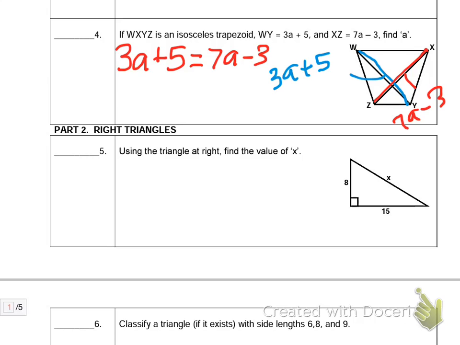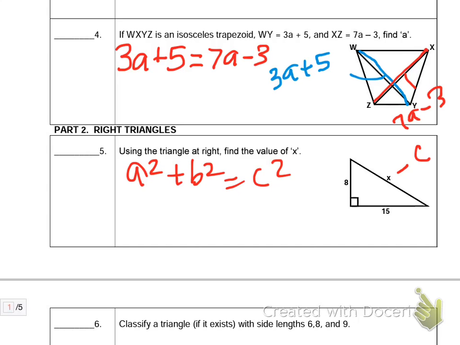And number 5, use the triangle at the right to find the value of X. So this one, we have a right triangle, we have 2 values, and we're trying to find the third value. So we're going to use the Pythagorean theorem: A squared plus B squared equals C squared, where X is going to be our C because it's the longest side.